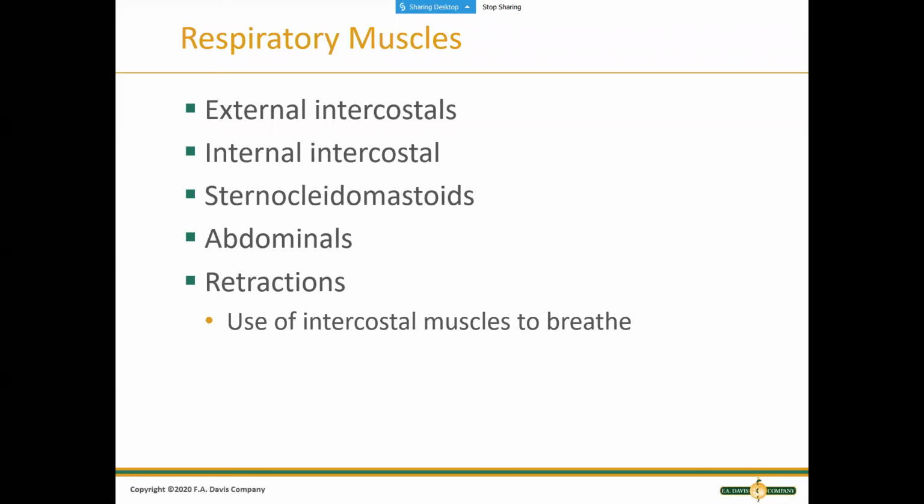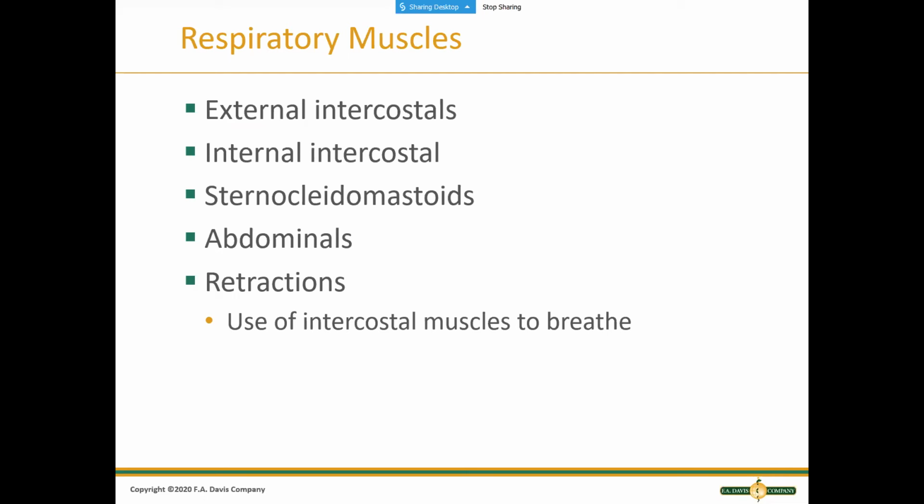And what that means is we could see his accessory muscles working extra hard. And one that was working was his sternocleidomastoid. So his neck muscle, what it looked like, would kind of bulge out. You could tell that his neck muscle was working to help him breathe. And that's called a retraction.